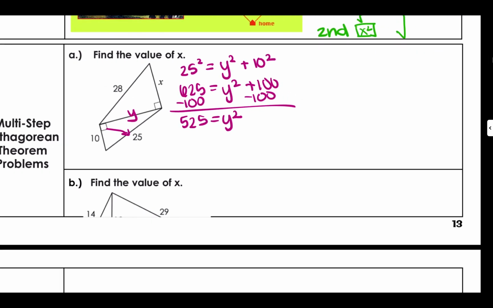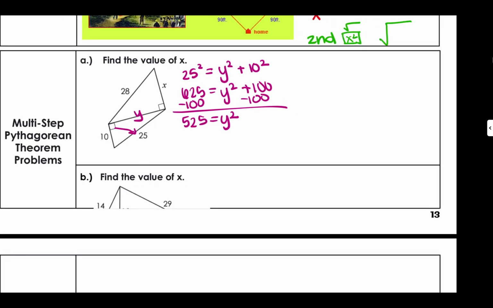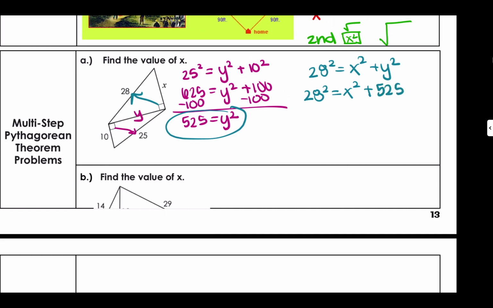So a little trick before we keep solving. In this other equation, to find x, we know that 28 squared is equal to x squared plus y squared. Well, we know y squared. So 28 squared is equal to x squared plus 525. 28 squared is 784.